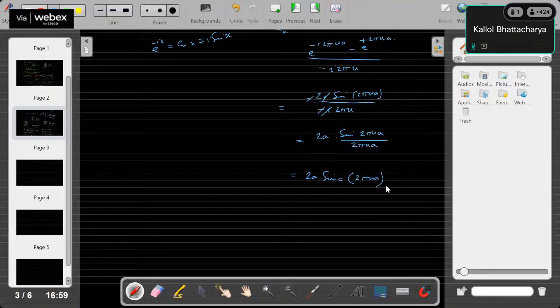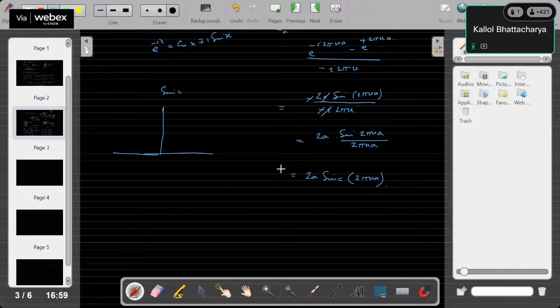If you're asked to plot this, it would simply look like this, if this is my sinc. This is the amplitude of the output. This is not the intensity.